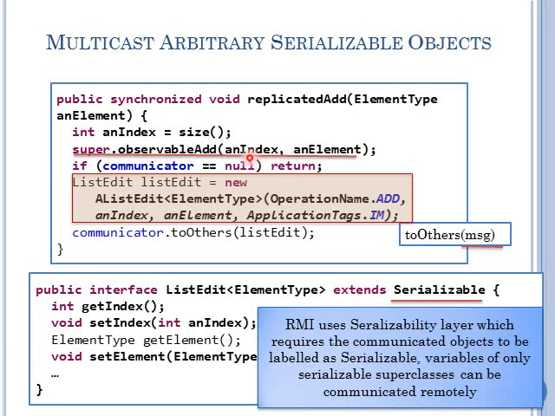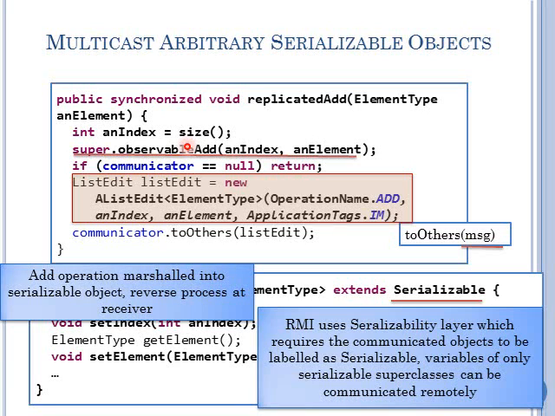You want to inform the other side that an add occurred with these arguments. What I'm giving you is a to others call or a to client call that takes a data structure. So what you have to do is take an operation and transform that into a data structure, which is then serialized. This process of converting an operation into a data structure is called marshalling.